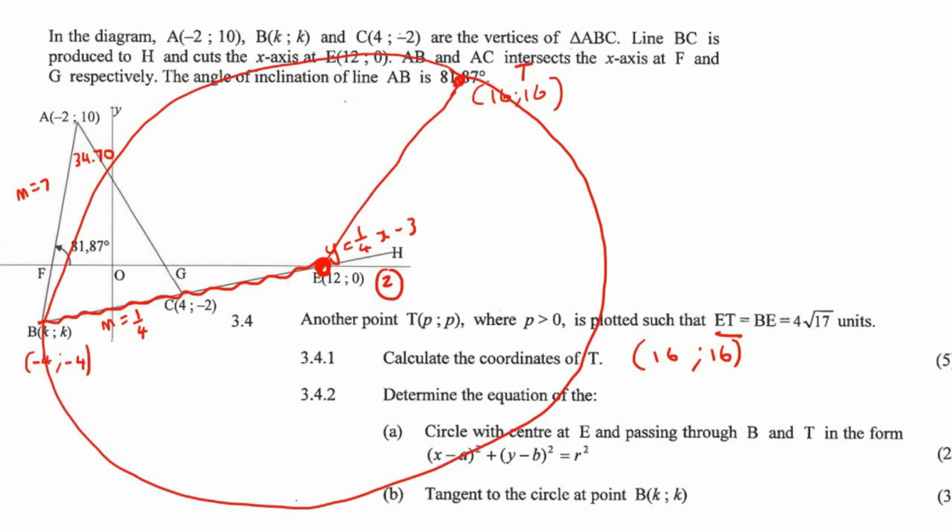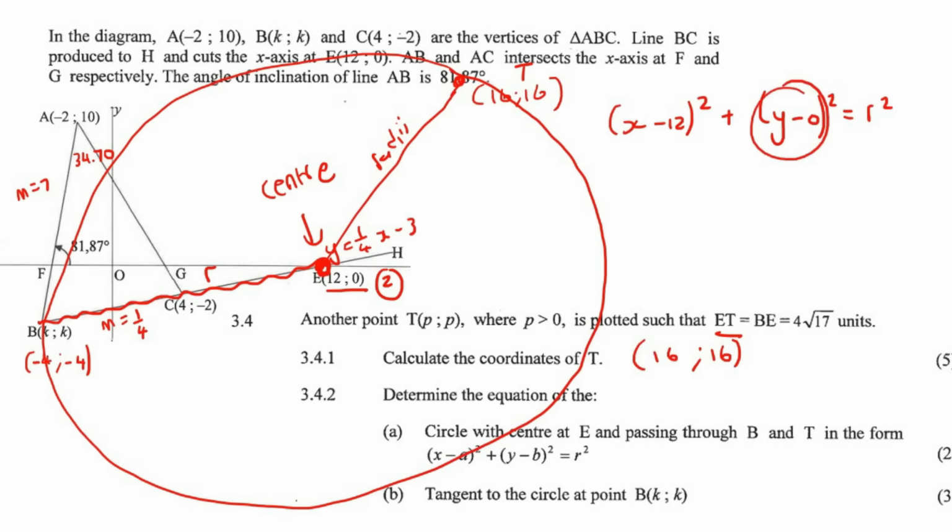Because we all have time to be drawing stuff like that when we're in our exam. So it says calculate the equation with center, okay, so this is the center. Guys, this isn't actually that bad. That means that these lines are the radii, and that's why it's only 2 marks. It's actually pretty straightforward. So if the center is at 12 and 0, then your circle equation will just go like this.